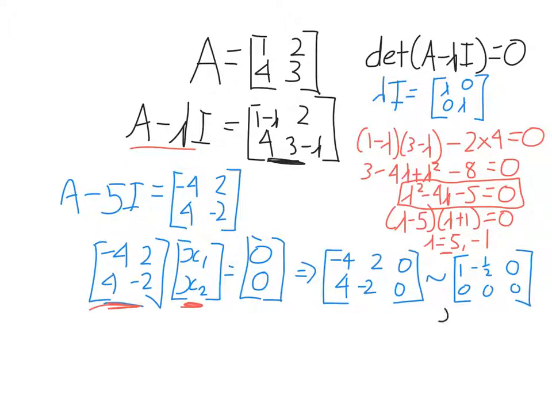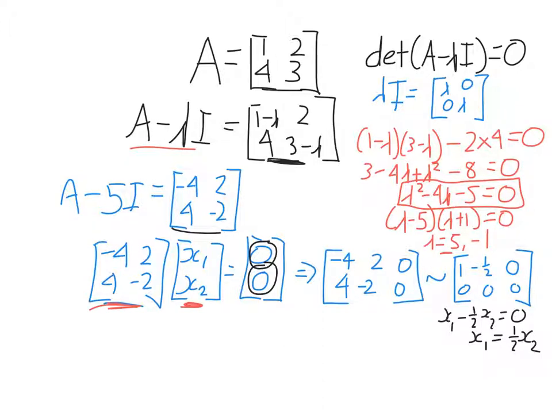So we have x1 minus a half x2 is equal to 0, which of course means x1 is equal to a half x2. So any vector where the first entry is half of the second entry will be in the kernel of this matrix, meaning it will be an eigenvector of this matrix.